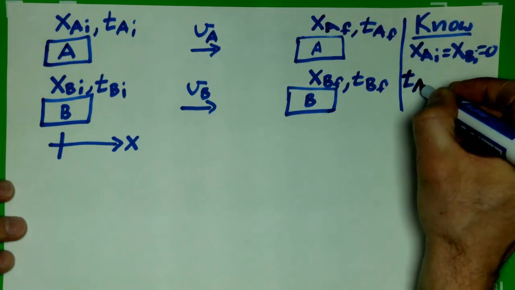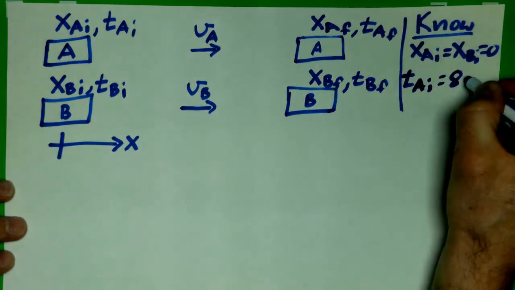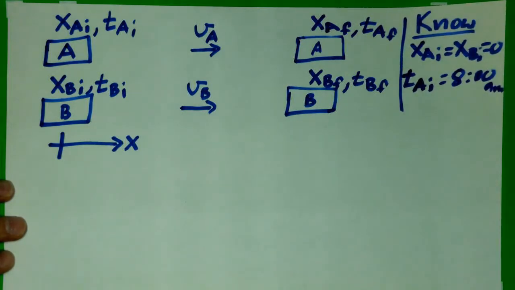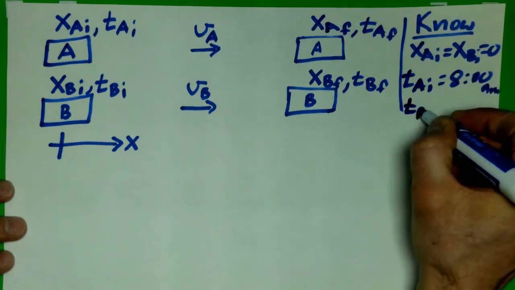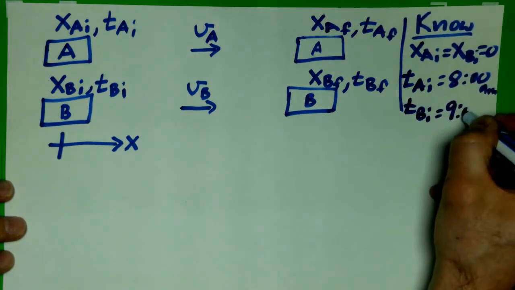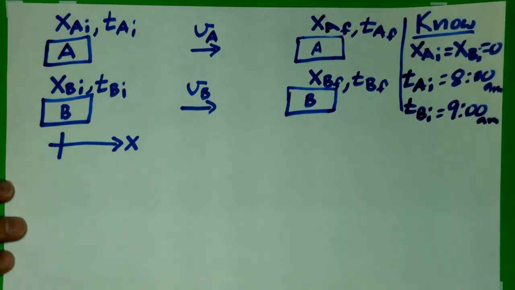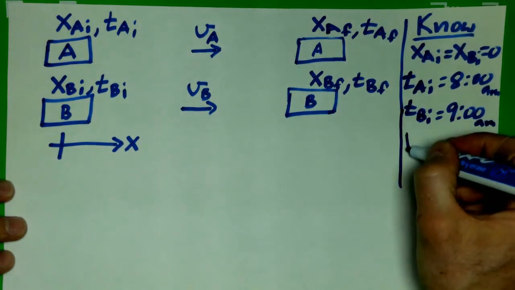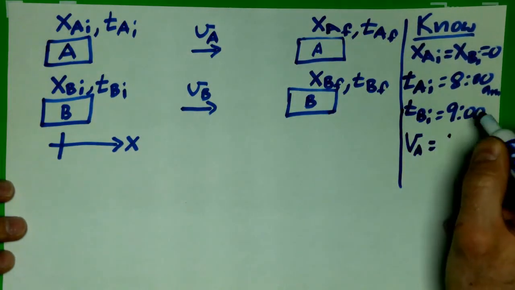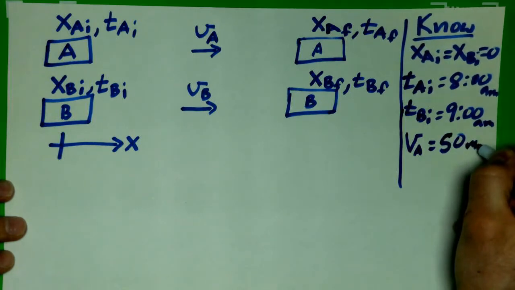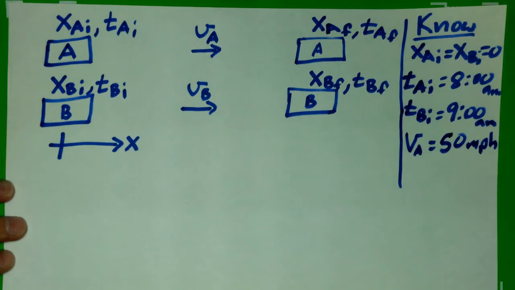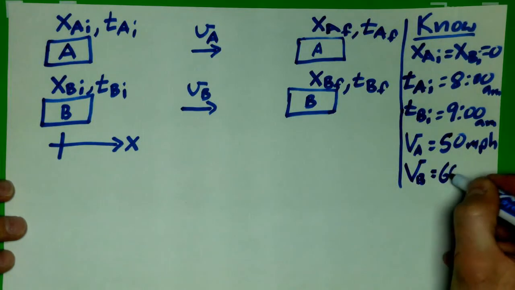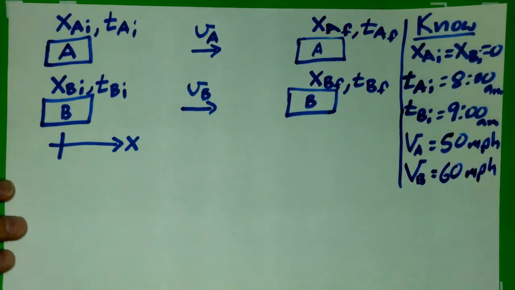T_A initial equals 8 o'clock a.m., and T_B initial equals 9 o'clock a.m. You travel 50 miles an hour, and your friend travels at 60 miles per hour.